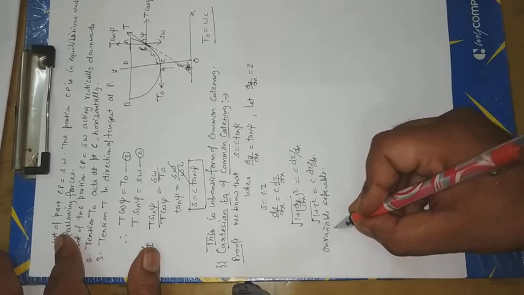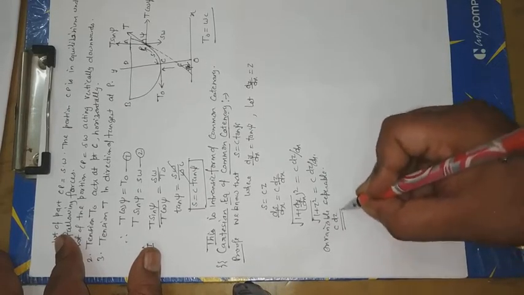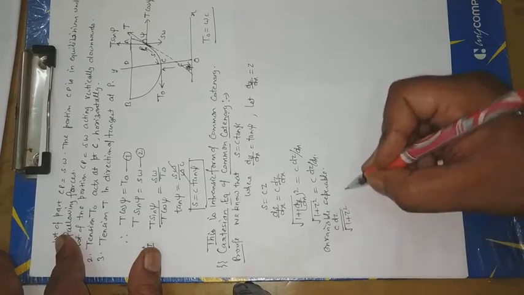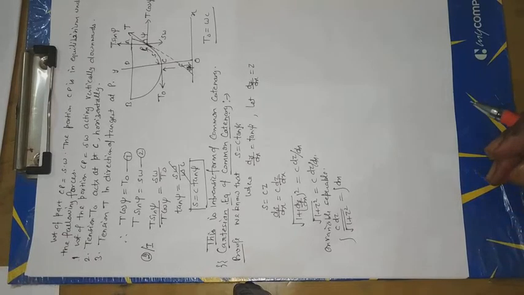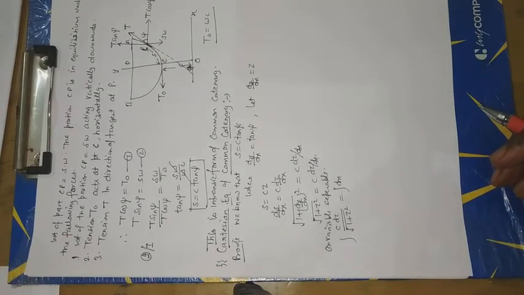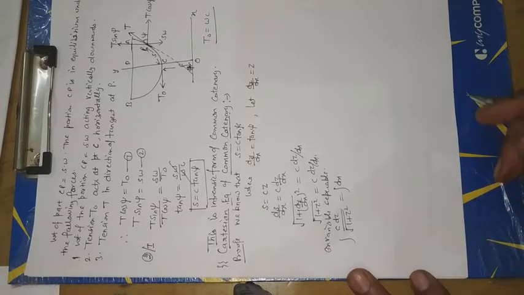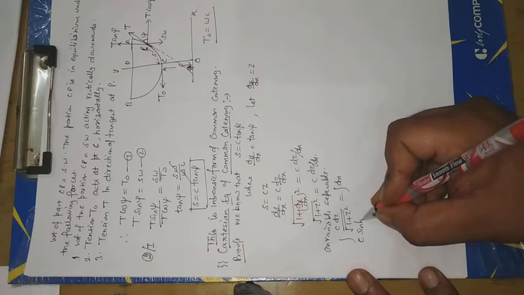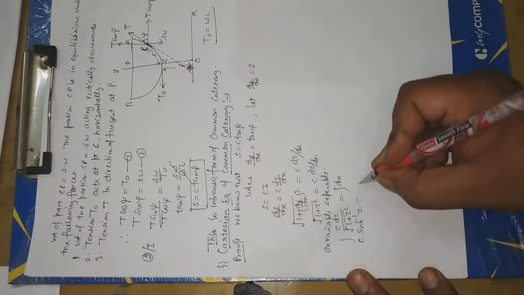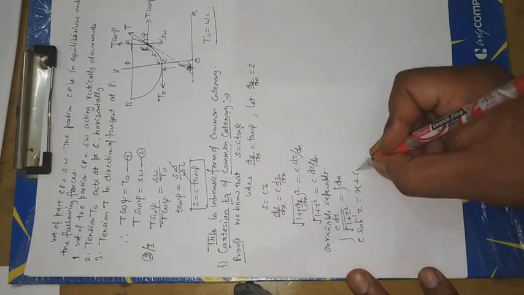after variable separation, C dz upon under root 1 plus z square is equal to dx. Now the equation is variable separable, so it can be integrated. Integrating the expression, we get C sin hyperbolic inverse z equal to x plus constant C1.